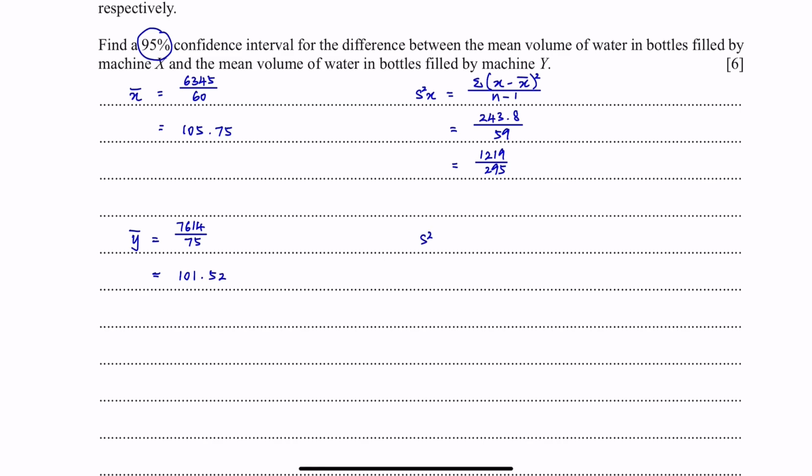And for the estimate of variance of Y, we have the sum of Y minus Y bar squared over the number of sample minus 1. So we have 384.9 over 74. And this would give us 3849 over 740.